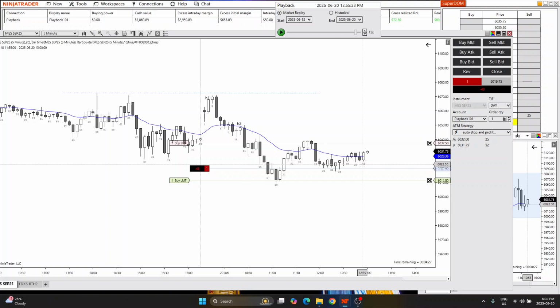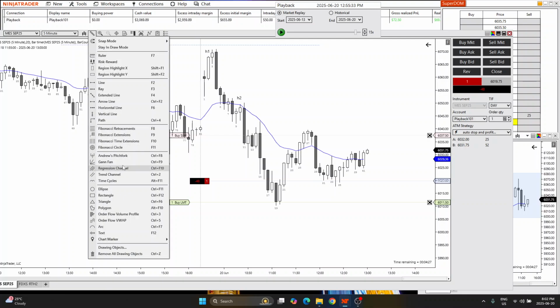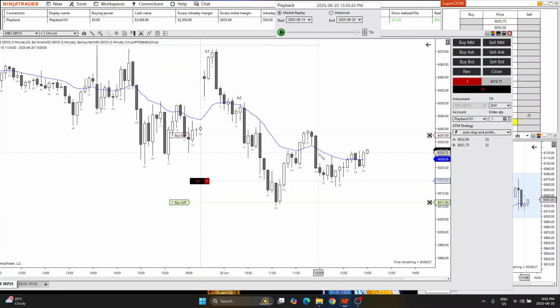Breakout on either side would fail. So let's see if this bar would be a bull bar, right? We are now in a little bit bigger channel now. Never mind.